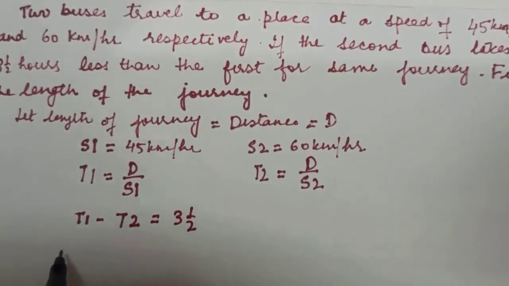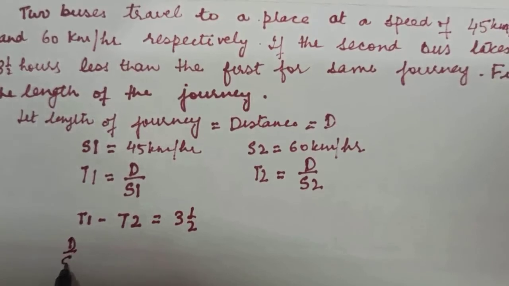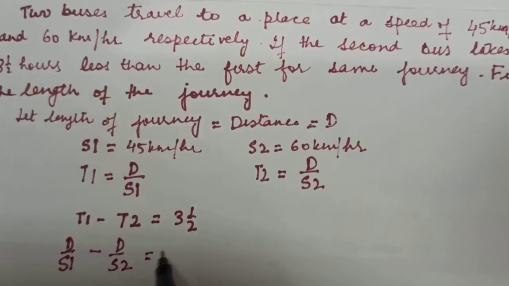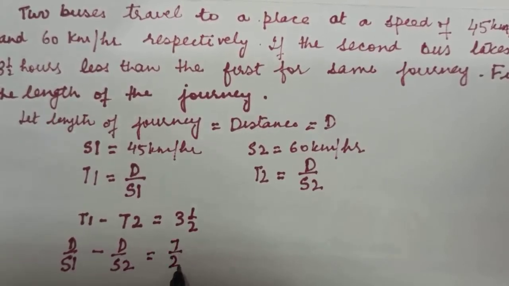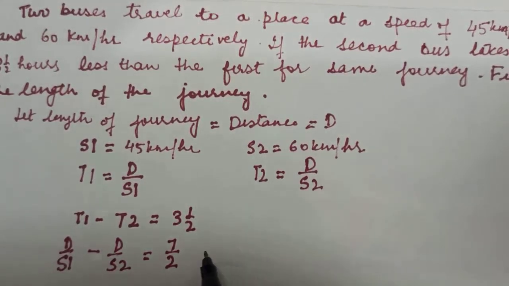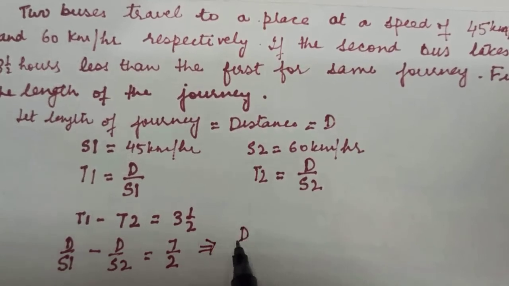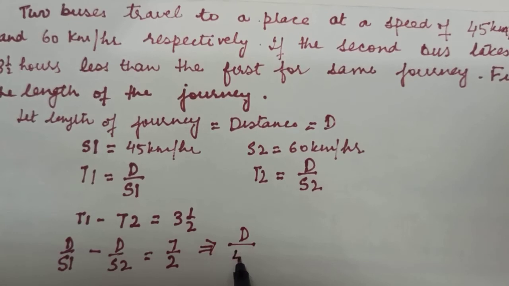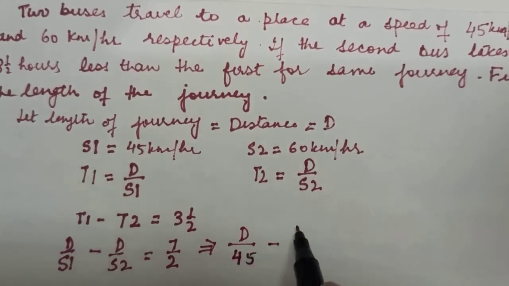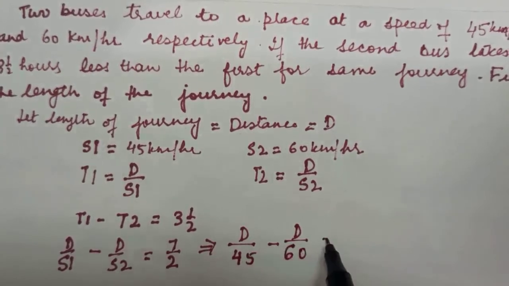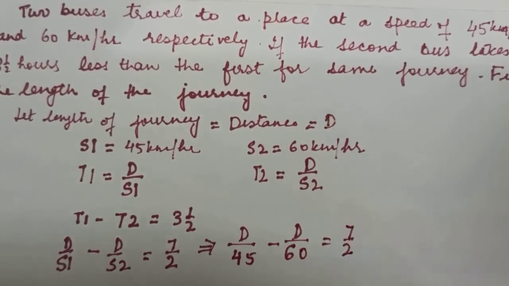So we can put its value here, distance upon speed 1 minus distance upon speed 2 is equal to 7 on 2. Now we can put the values for speed here, that will become distance upon 45 minus distance upon 60, equal to 7 on 2.